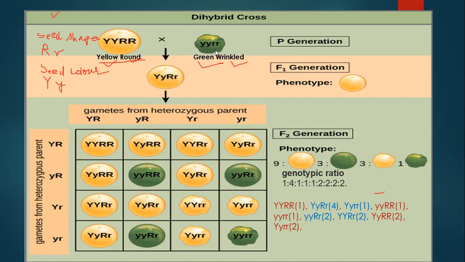They were true breeding and differed only in these two characters, so they are homozygous for the traits. The yellow and round plant is capital Y capital Y for the first trait, and capital R capital R for the seed shape.